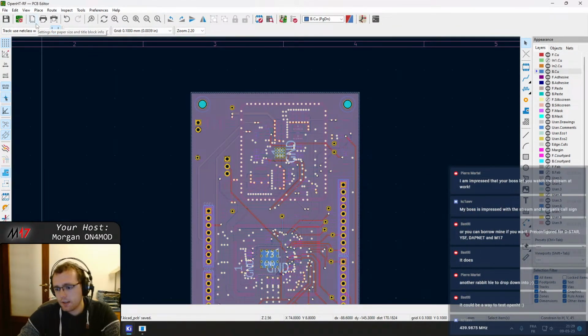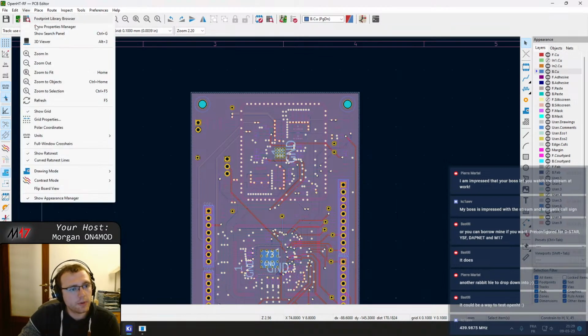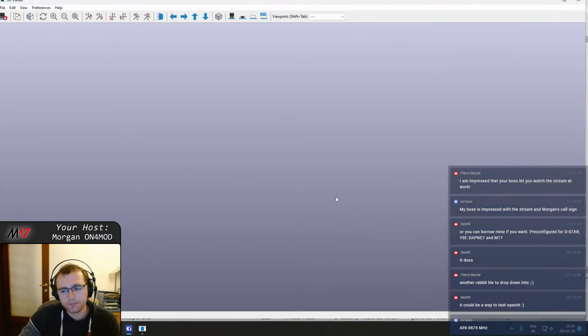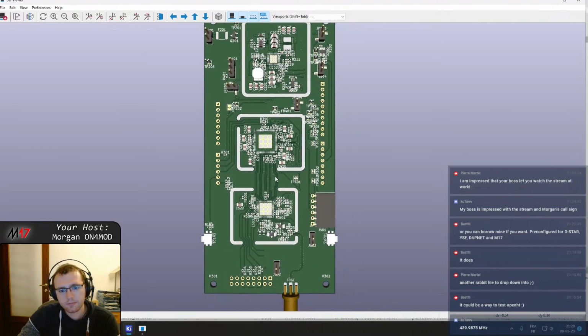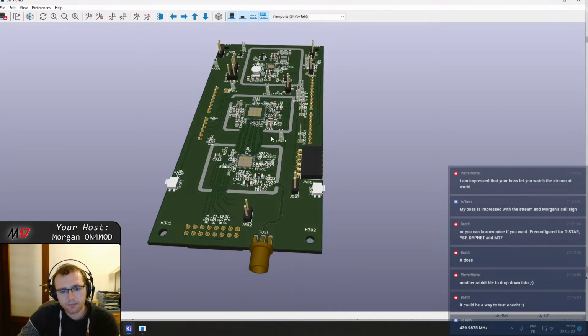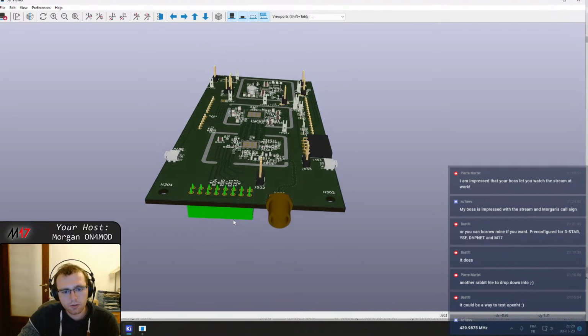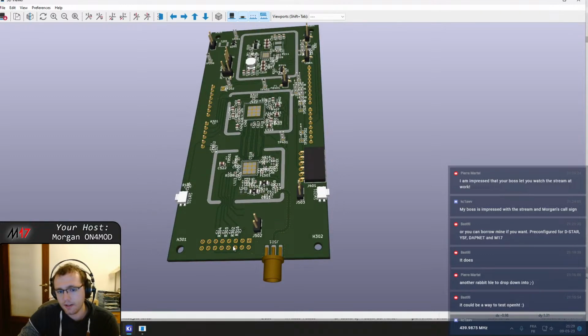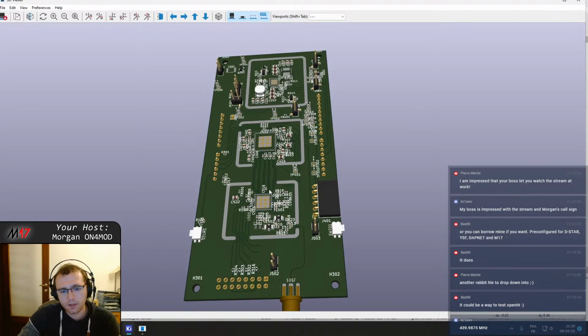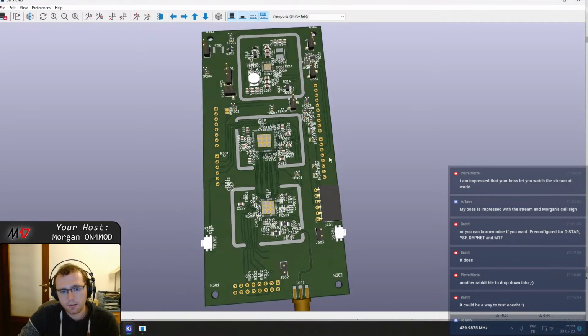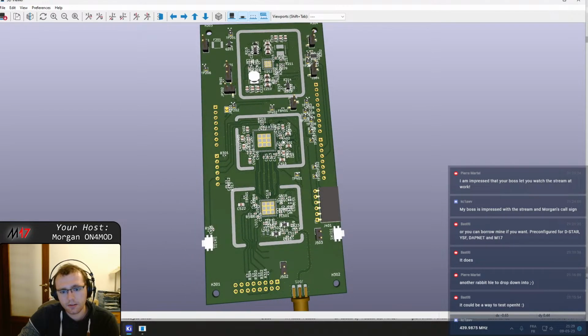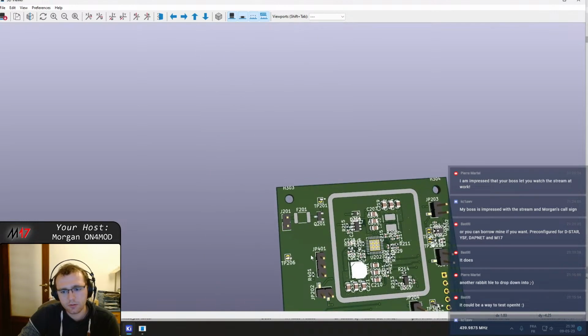Let's take a few seconds to admire the board in the 3D viewer. So what we need to do still is TVS diode and battery connector.